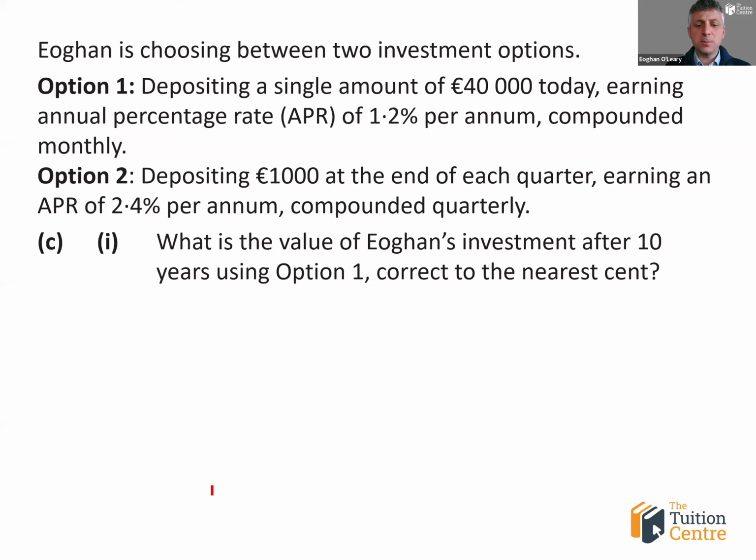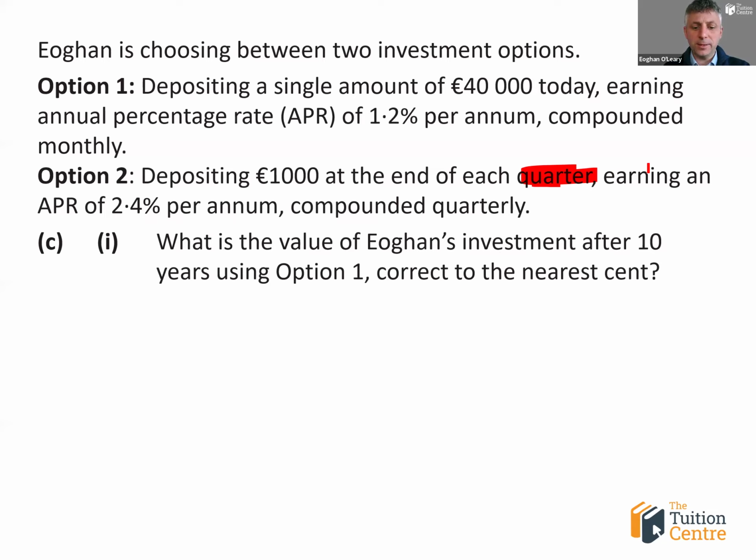And option 2 is depositing €1,000 at the end of each quarter, earning an APR of 4.2% per annum, compounded quarterly. Okay, so they're different things, obviously, these 2 options. Option 1 is you're just putting €40,000 in today. There's an annual percentage rate of 1.2% and it's compounded monthly.